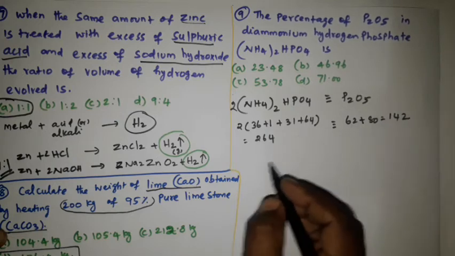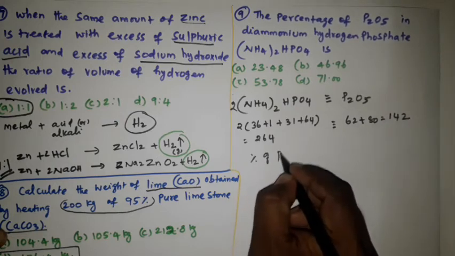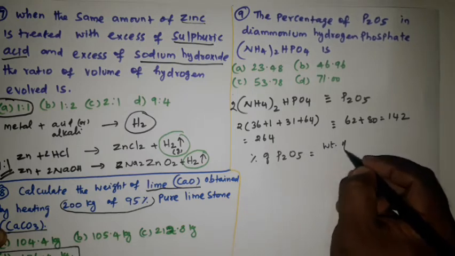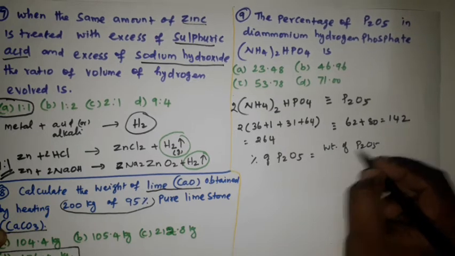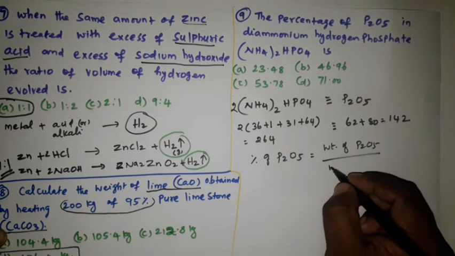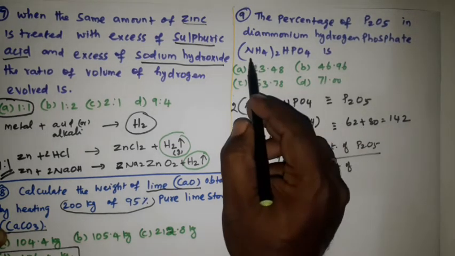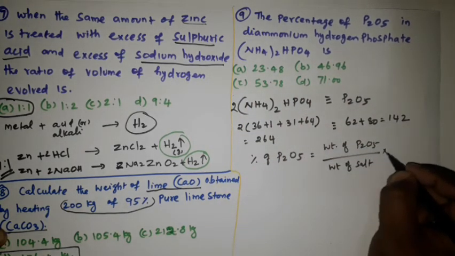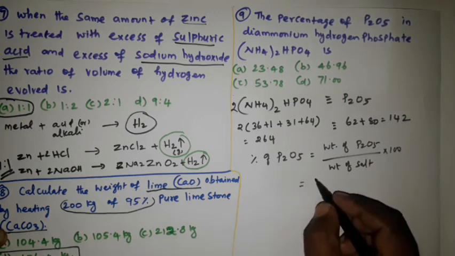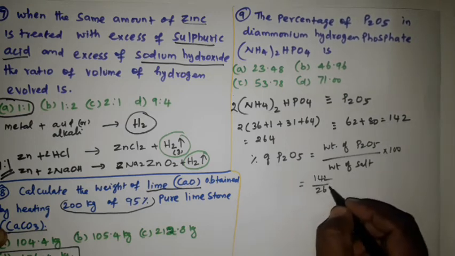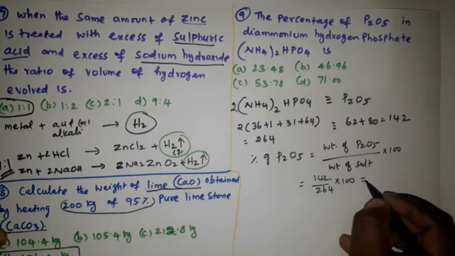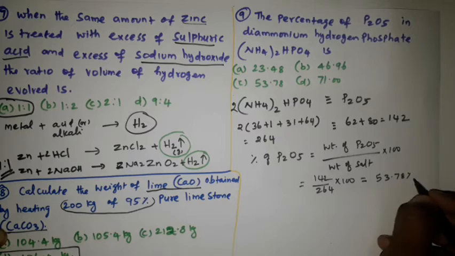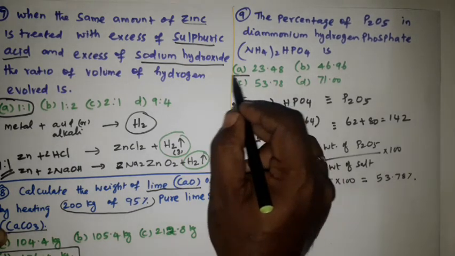Now percentage of P2O5 equals weight of P2O5 divided by weight of the given salt, diammonium hydrogen phosphate, into 100. So 142 divided by 264 into 100, we will get 53.78 percent. So that answer is option C.